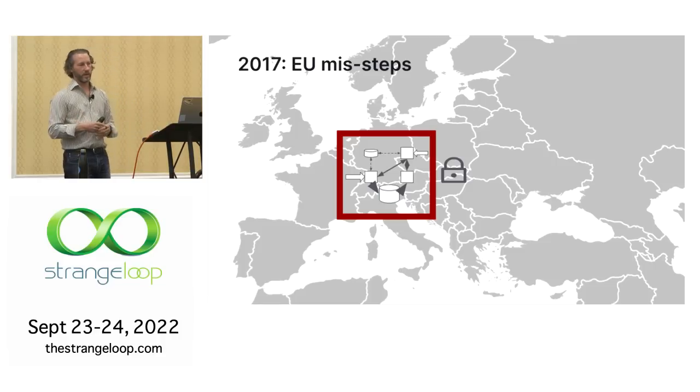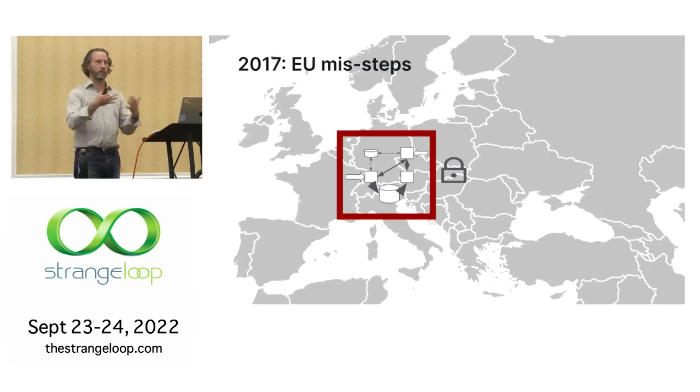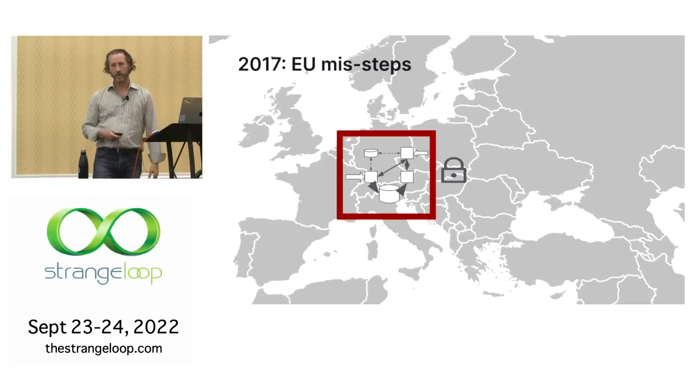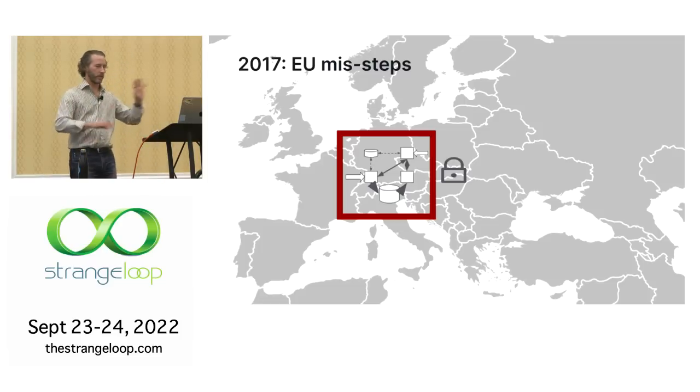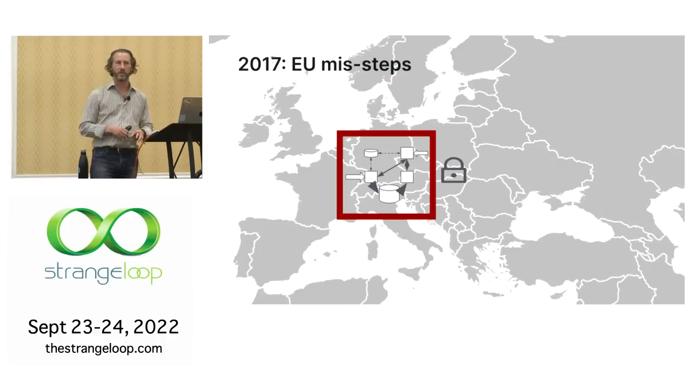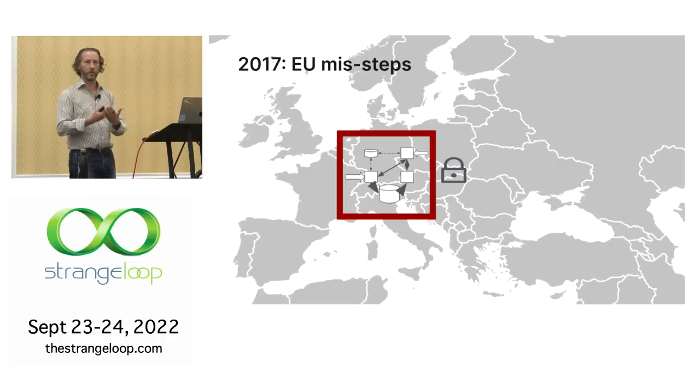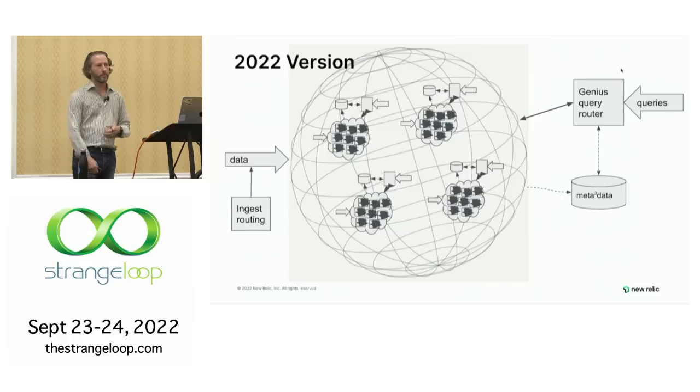And if you wanted to create new accounts that were homed in the EU region, you could no longer correlate your data that's in the US with that, or you couldn't see the history of your data that was in the US in the same place. You can go to the two different versions of the website, but you can't get that stuff all in one place, which had always been one of our goals in this system.